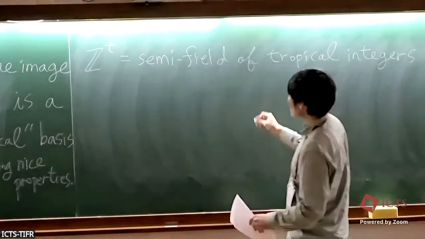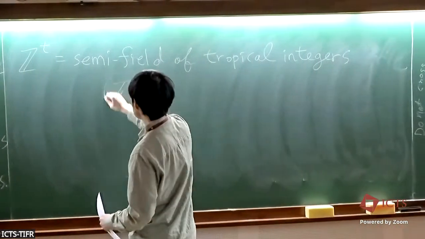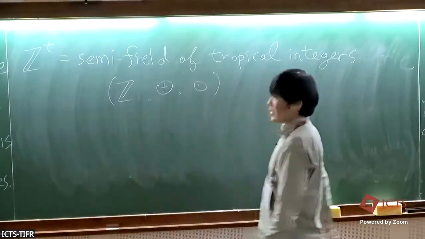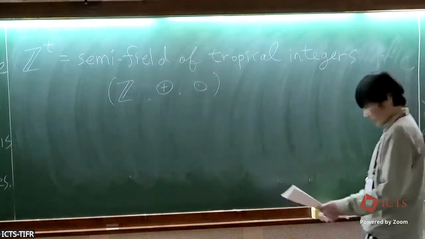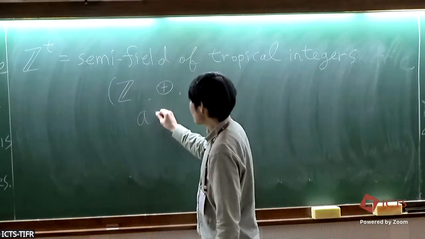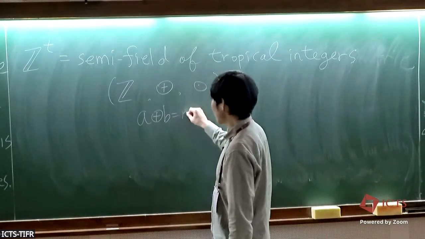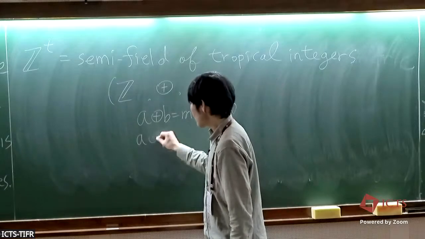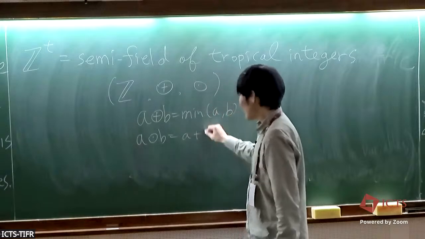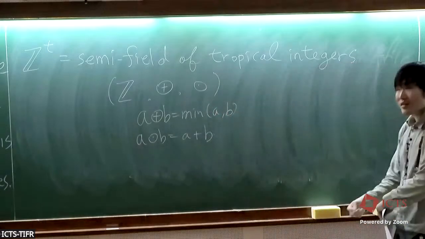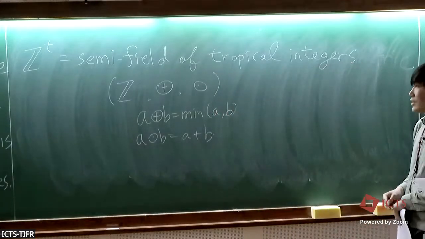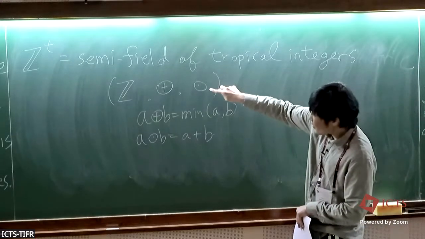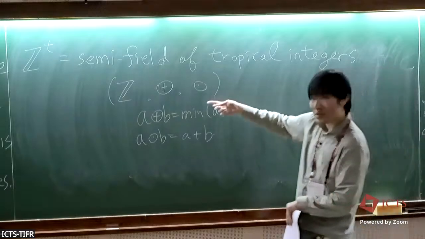So it's just Z as a set, and it's equipped with strange addition and strange multiplication. The strange addition is minimum, and strange multiplication is the usual addition. And then you can check that they satisfy the distributive law, and you can divide. So this strange multiplication has an inverse, but there's no subtraction.